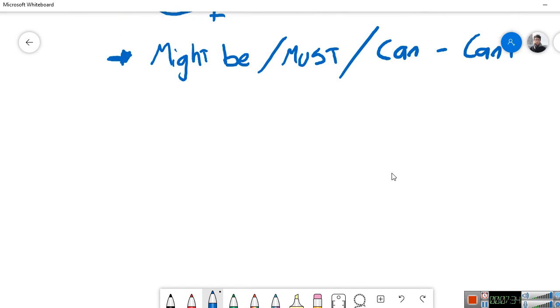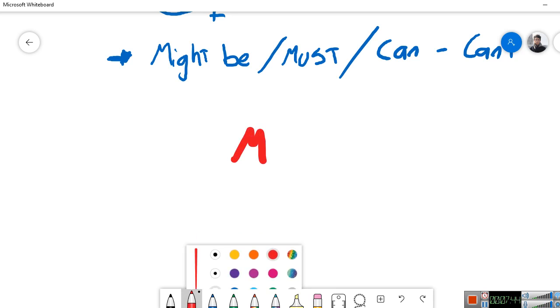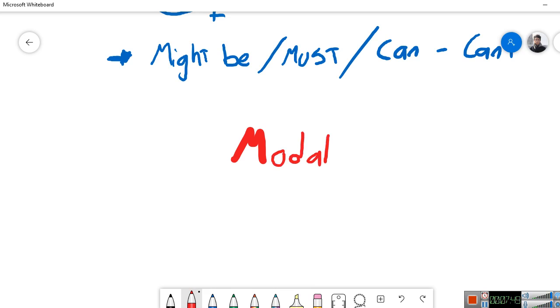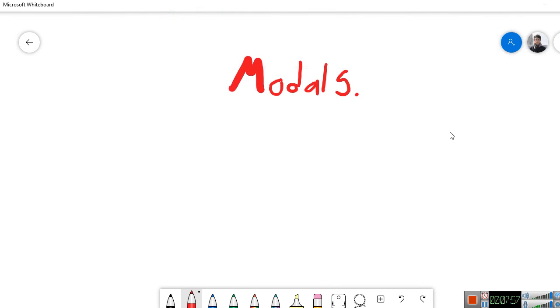This lesson in particular is going to be focused around the topic of modals. Let me give you a quick summary of the three modals that I want you to remember. Let's make a plane. Let's say we have 0 here, and let's say we have 100.